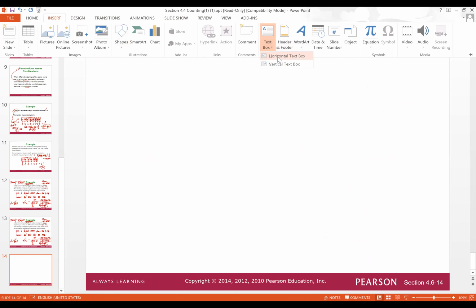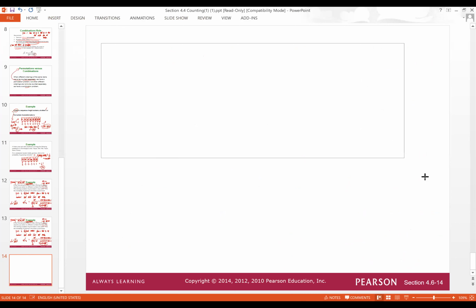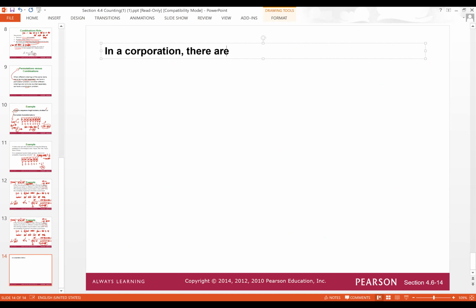Let's say in a corporation, there are 12 board members. Any corporation has a board, right? They have 12 board members, and they are voting on important issues for the company, for the corporation.